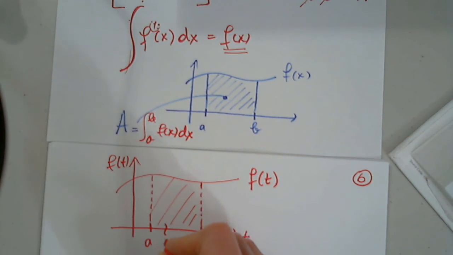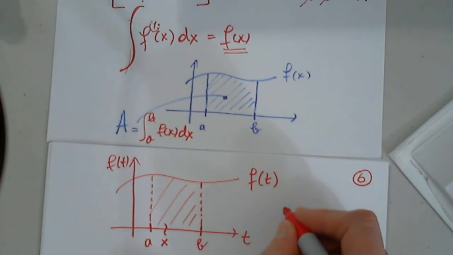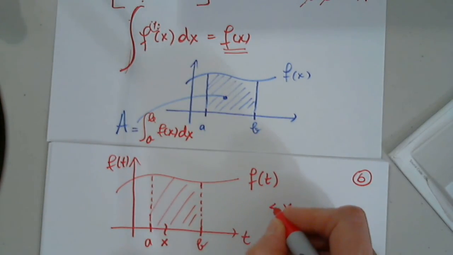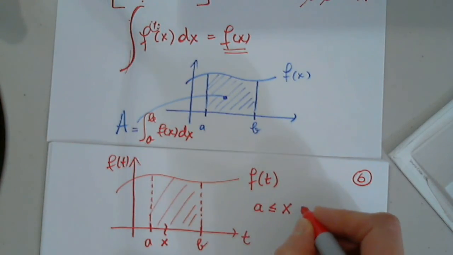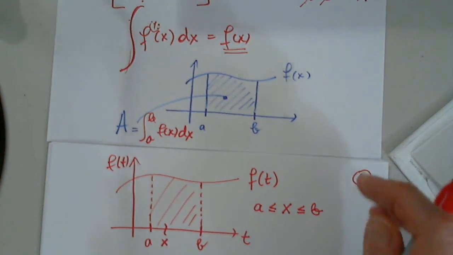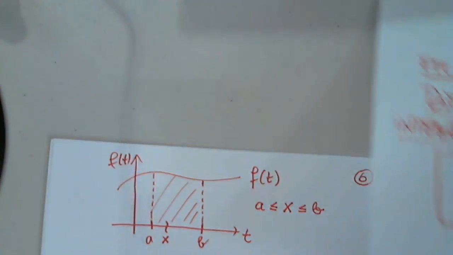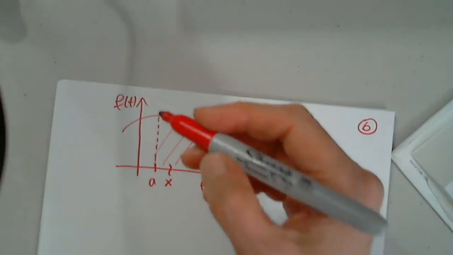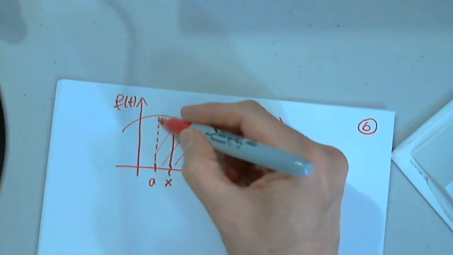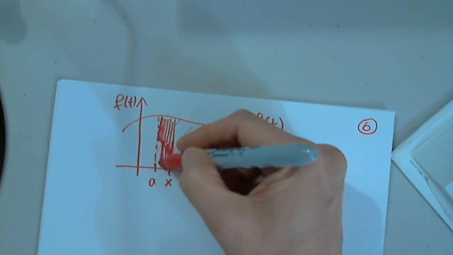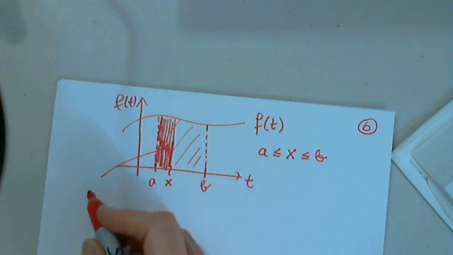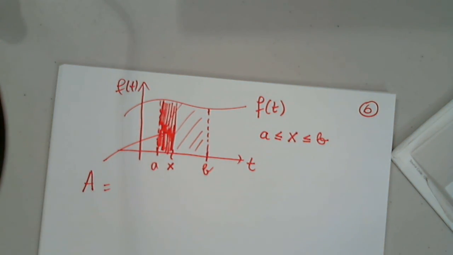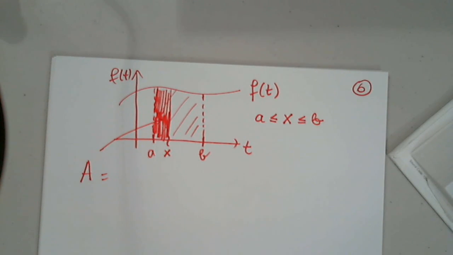This time I'm going to pick an x. I'll say x is a number anywhere between a and b. And I'm going to ask you, how do I write this area now? Can anyone help us to write that area?